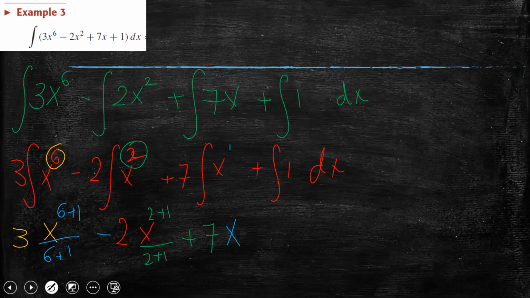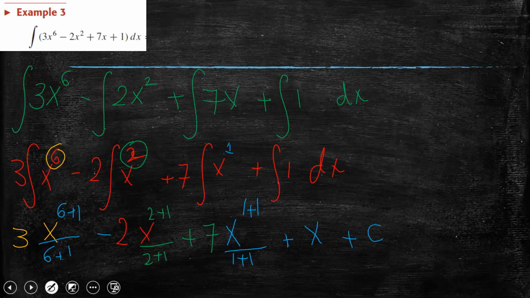Now it is x to the power 1, so I will add 1 over 1 plus 1. Then plus, what is the integration of 1? x. It is x. Exactly. Then plus c.